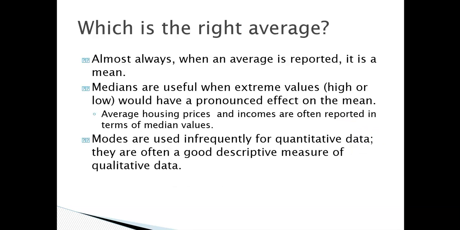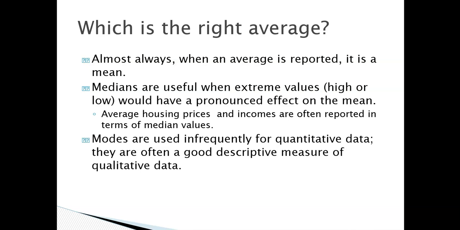Almost always when an average is reported, it's the mean. Medians are useful when extreme values, whether high or low or both, would have a pronounced effect on the mean. For example, average housing prices and incomes are often reported in terms of median values, because in certain areas you will see extreme highs and extreme lows of income.